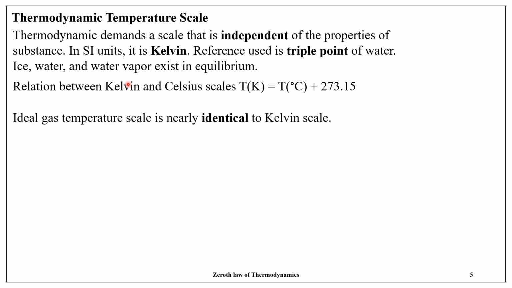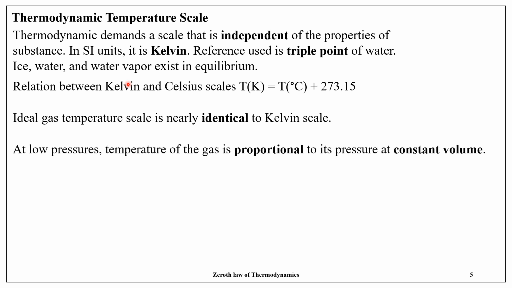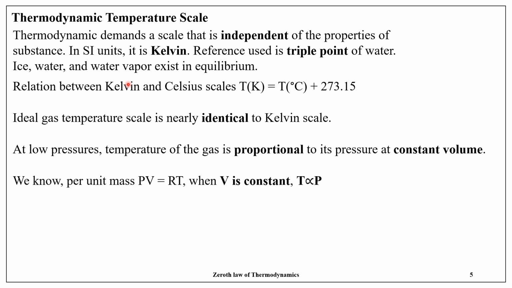The ideal gas temperature scale is nearly identical to the Kelvin scale. And remember, at low pressures, the temperature of a gas is proportional to its pressure at constant volume. That means we know PV equals RT.